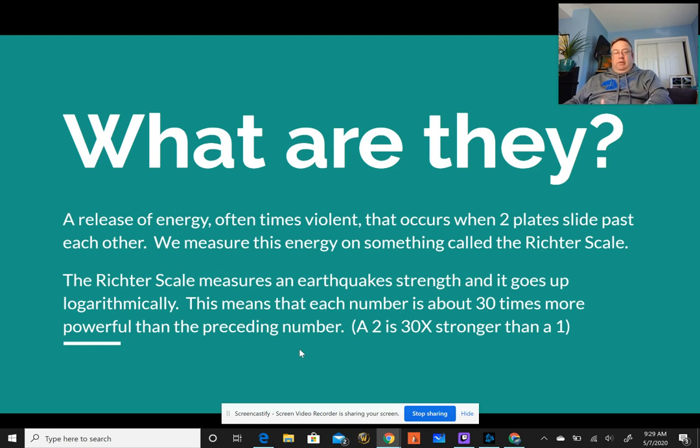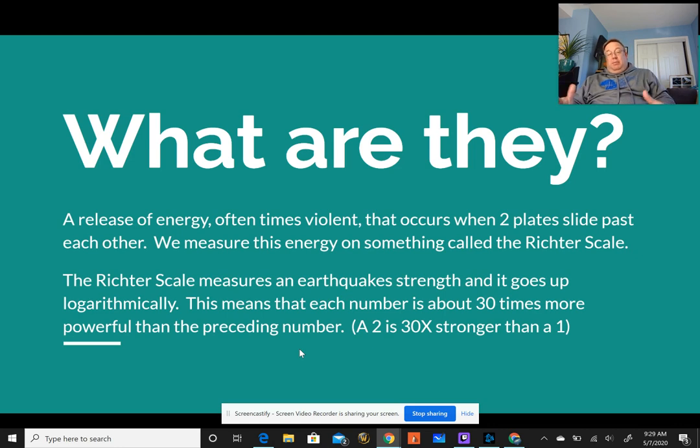And a 3 is 30 times stronger than a 2, which means a 3 is 30 times 30 times stronger than a 1. And so on. So as you get higher up, the amount of energy being released is growing at an exponential rate. It's very, very powerful when you get into the higher numbers.